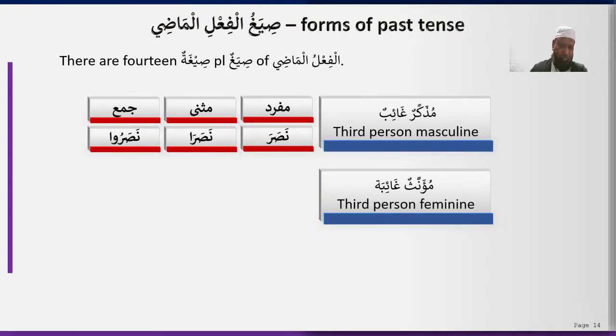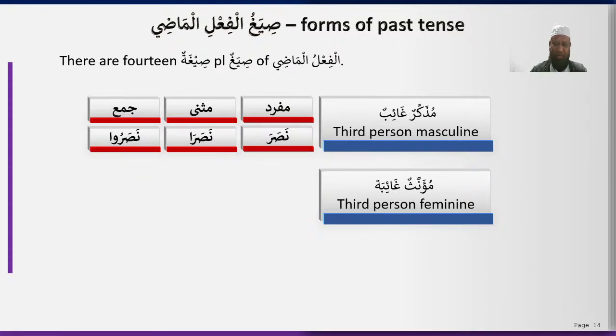Muannas ghaiba. So mufrad is very easy. Nasara, just make it into muannas. We know how to make ism into muannas: add ta marbuta at the end. So how do we make fi'l muannas? Again, very easy.